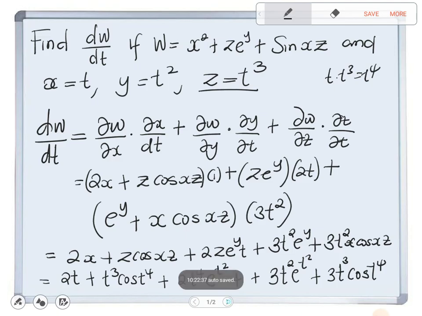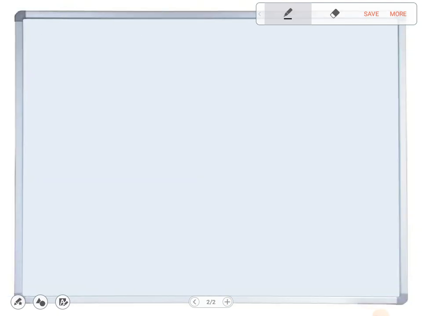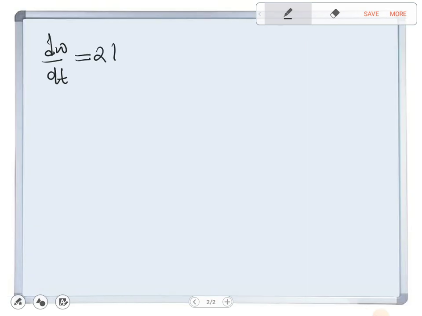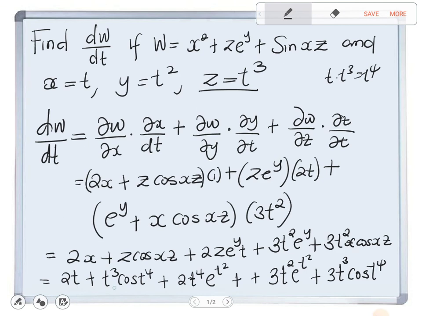Can this be subtracted or added? Yes, you can. So dw/dt, what do we get now? 2t, this one will remain the same. The cos and the cos here can be added because this is 3t to the power 3, t to the power 3, cos t to the power 4.